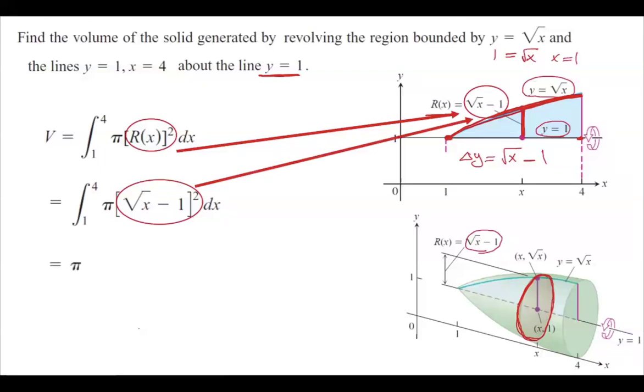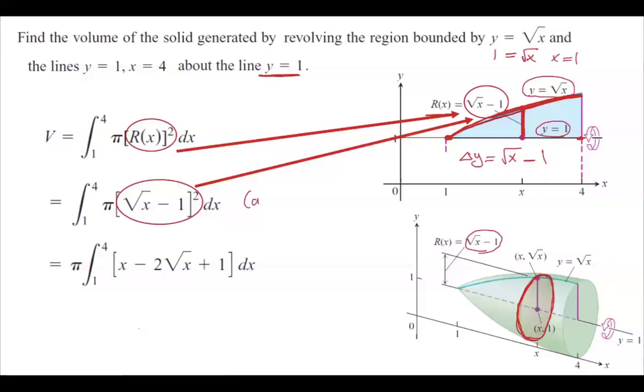And then this guy can be written as pi, the definite integral from 1 to 4 of square root of x minus 1 to the second, in expanded form is x minus 2 times square root of x plus 1 dx. Again, pure algebra, everybody.